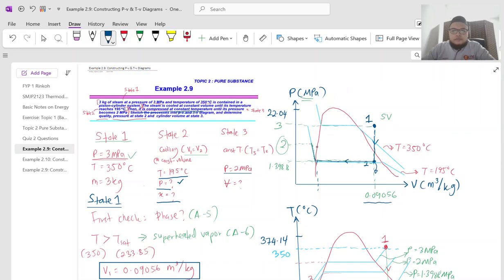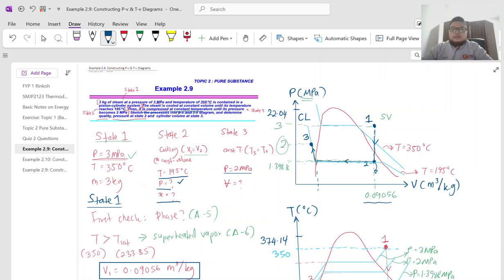So now we can define the third state, which is right here. I'm going to put a small arrow there to indicate the process. Now we have the complete process drawn on the PV diagram: one at the superheated vapor state, two under the vapor dome, and number three in the compressed liquid state.